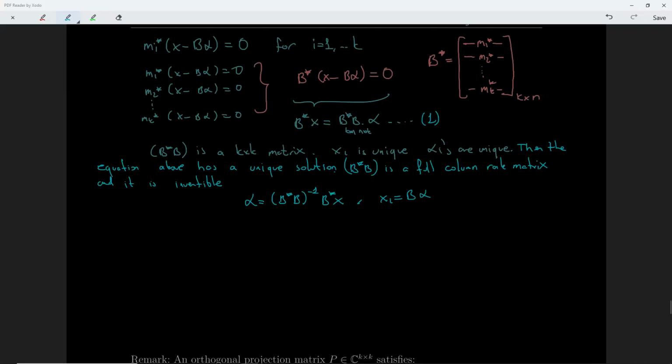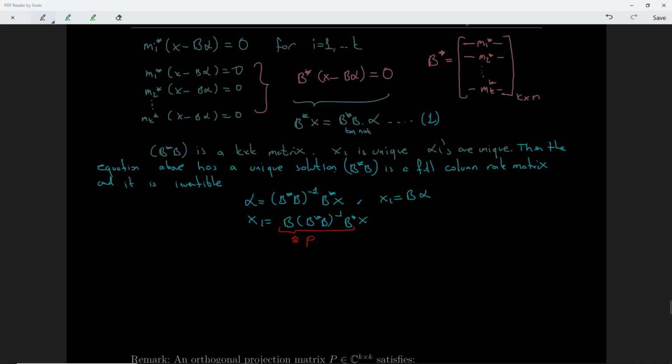And the projection of x onto our subspace, which is equal to x1, is equal to B times B conjugate transpose B inverse times B conjugate transpose X. So I will define this factor in front of that X, which is a matrix, as a P matrix, okay?